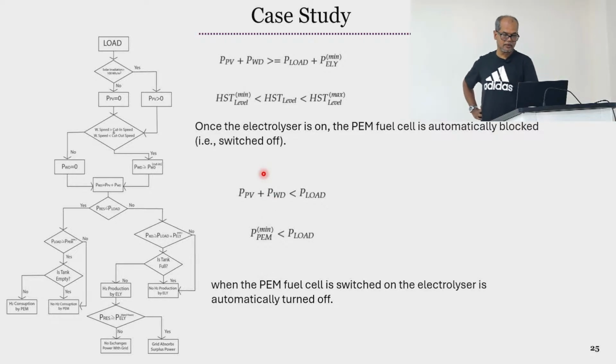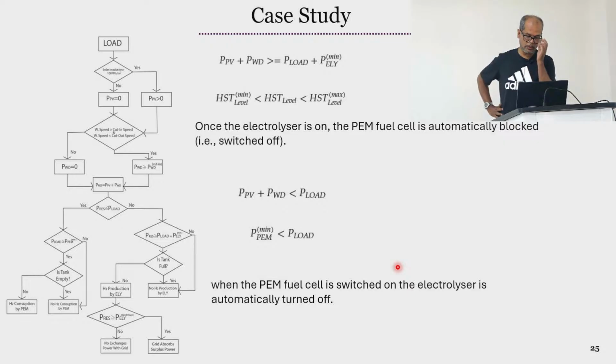And in the other condition, if your total generation is less than the load, and also it is at P minimum, then your PEM fuel cell is switched on and the electrolyzer is switched off.